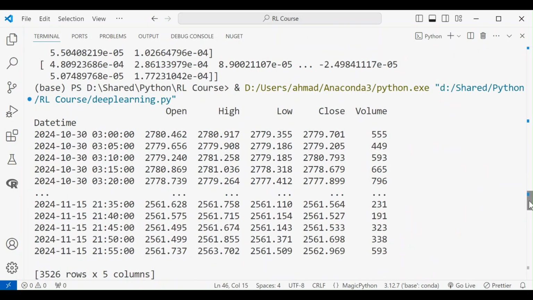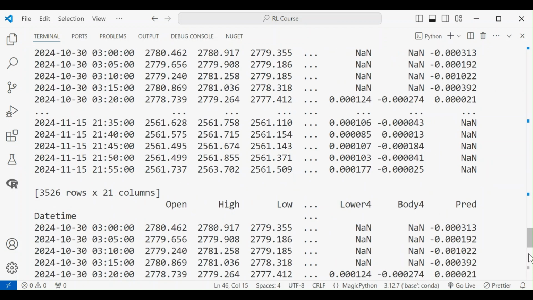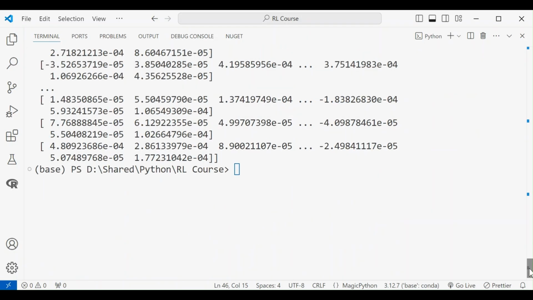These are 10 rows, and there will be 12 elements in a row. This is the numpy array, and this is the prediction.